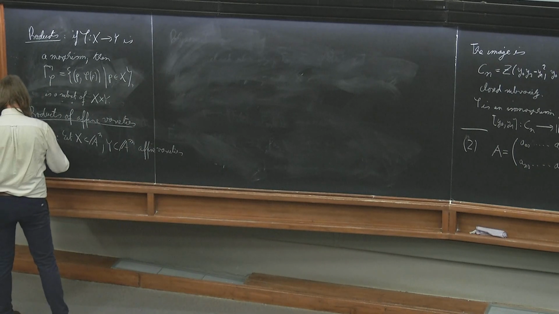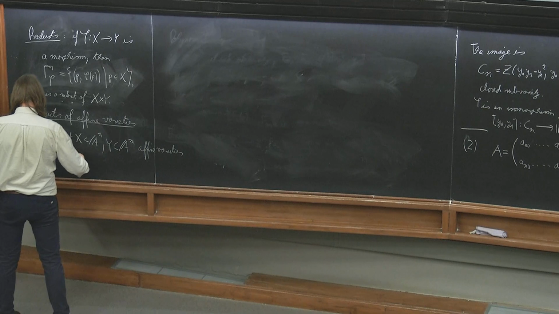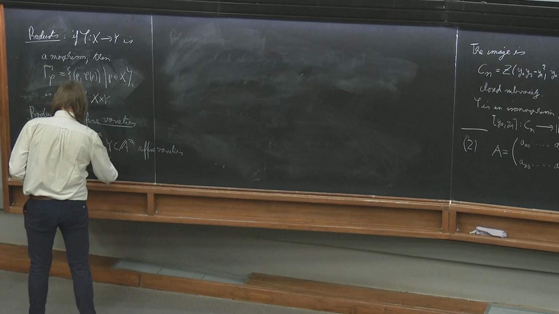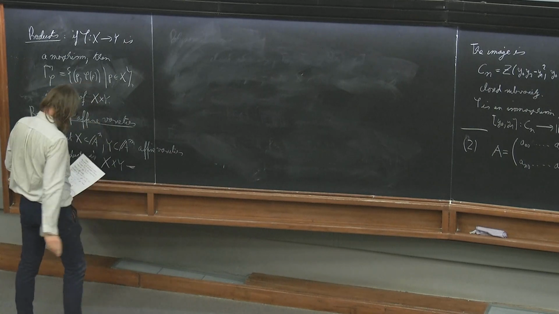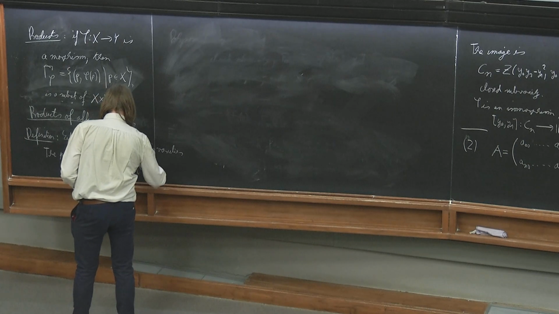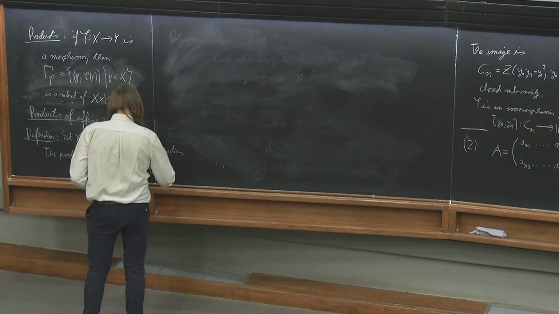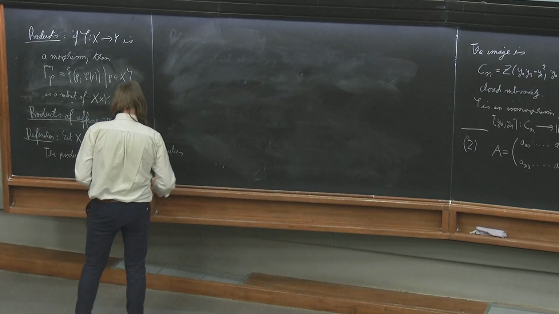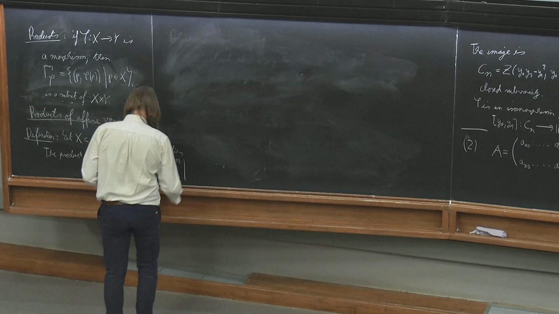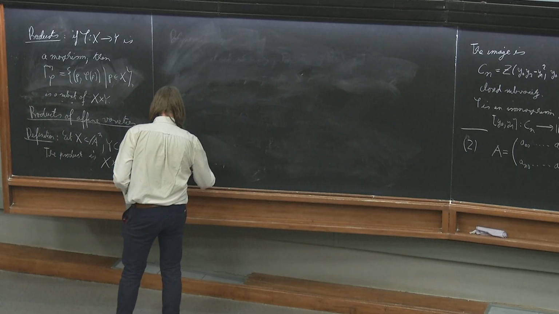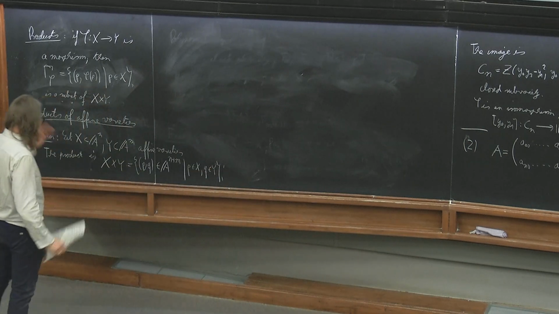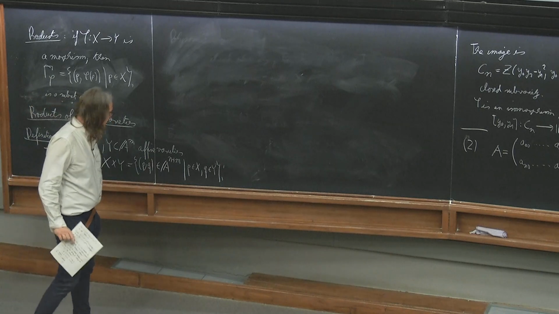The product is just the usual product X times Y, which is the set of all points (p, q) in An times Am, which is just A^(n+m), such that p is in X and q is in Y. So the product is naturally just a subset of this bigger affine space.